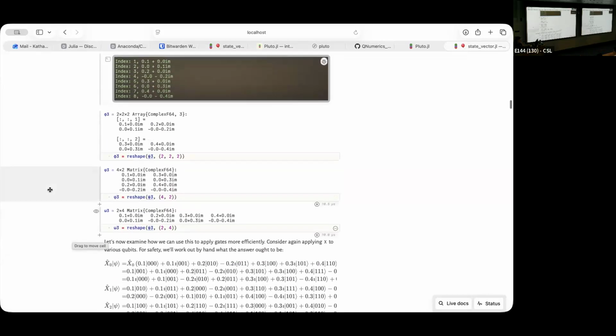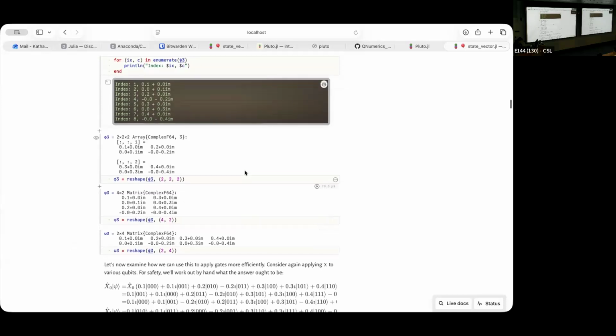When you reshaped it like 2, 2, 2, and then you reshape the same thing with 4 and 2, computationally, which one will be more efficient? Do you mean of the reshapings? You're adding rank, but the dimension is going down. Which one will be more efficient, having a higher rank of the tensor with lower dimension?